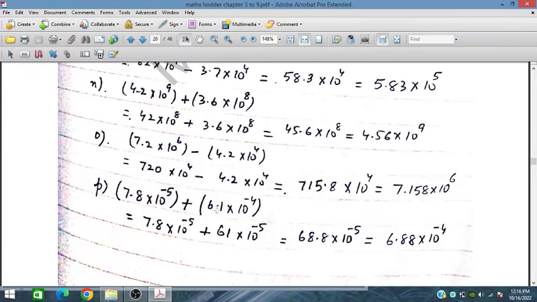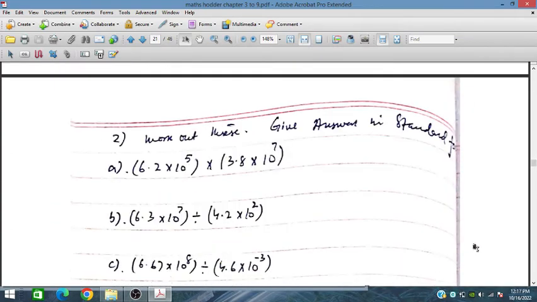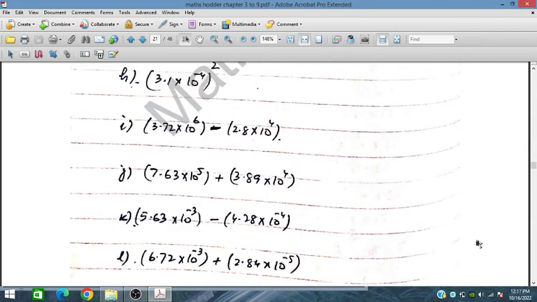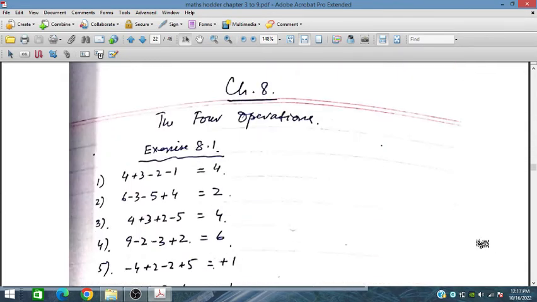This is 61, then 7.8 is added up to get 68.8 into 10 to the power minus 5. So actually we are taking 10 to the power minus 6 common, and then in a bracket we have 7.8 and 61. So we add it up and get this, and then finally we move the decimal point to here to make it 10 to the power minus 5. So this is the answer. Similarly for the other numbers, easy.